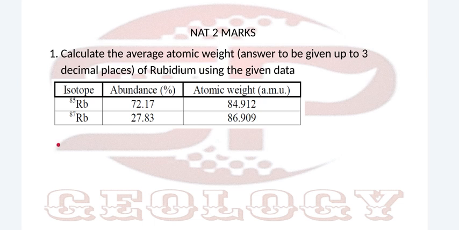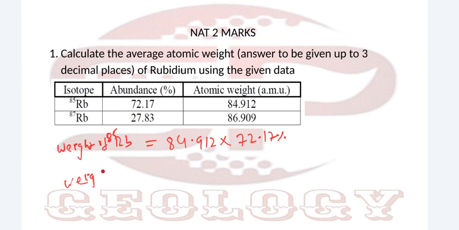So we'll say the weight of rubidium 85 will be 84.912 into 72.17%. Then the weight of rubidium 87 will be 86.909 into 27.83%.